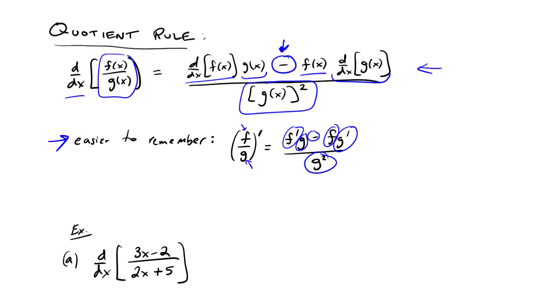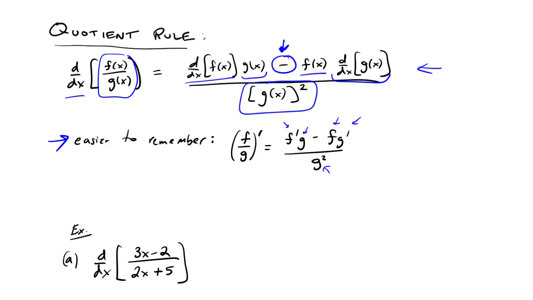All right. Other people, when I was taught it, I think I was taught it as looking at the top as high and the bottom as low. So you would say low d high minus high d low over low squared. But I don't remember it that way.